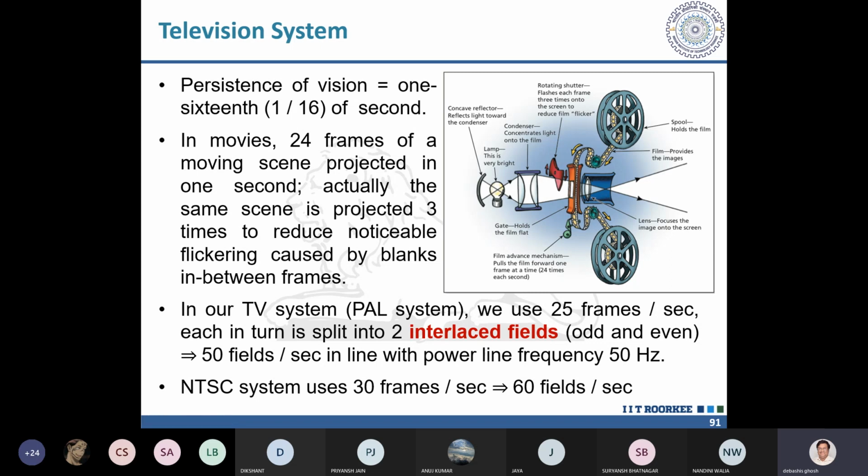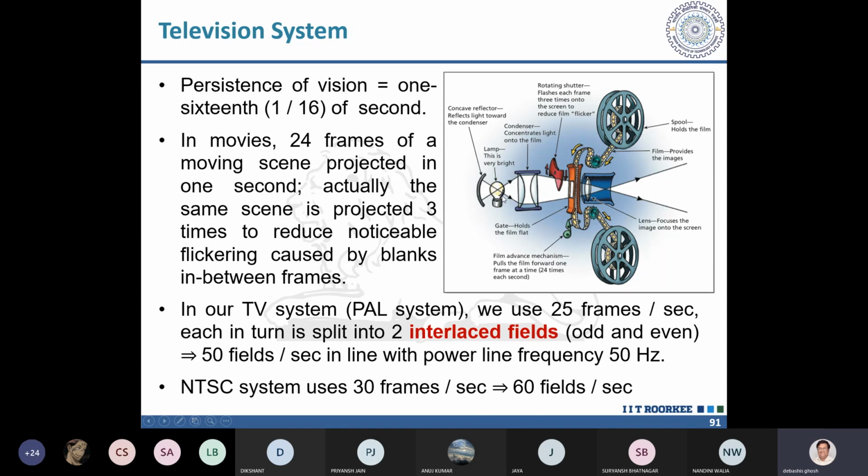The reel, the film, used to pass before a light. The projector used to pull this film and bring it in front of the light.